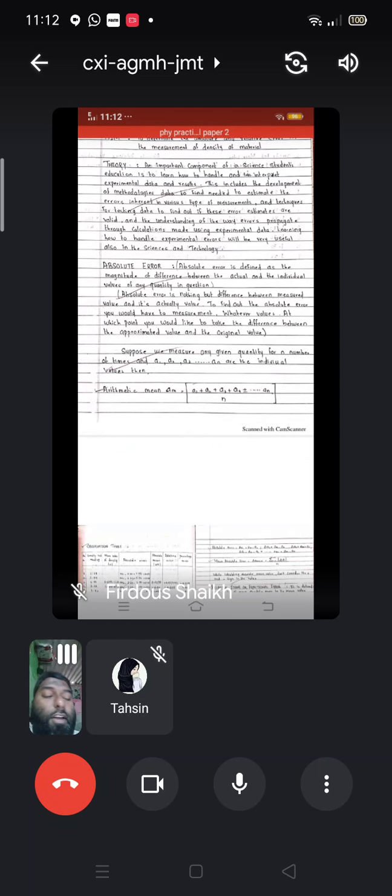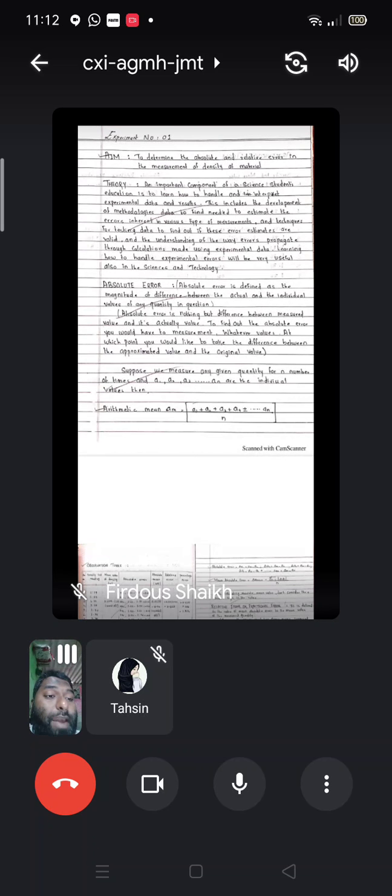What is the absolute error? It may be defined as the magnitude of the difference between the actual and the individual value of any quantity in question. Absolute error is nothing but the difference between the measured value and its actual value.